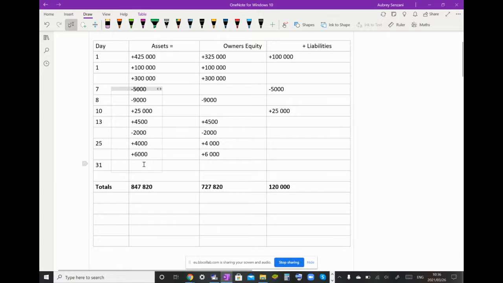Okay. Then our last transaction that we had there happened on the 31st, and it says the owner took 2 pairs of shoes with a cost price of 340 each from trading inventory for personal use. Yes. It's your trading inventory, an asset that's going to decrease. Is it trading inventory? Yes, because we're a clothing business.